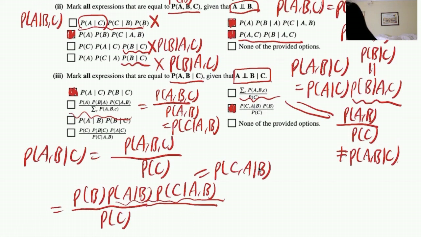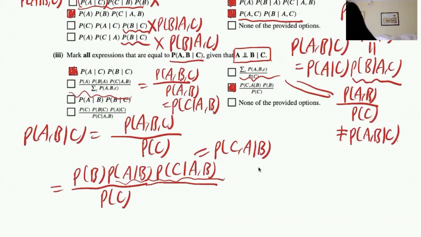So this is not equal to the probability of AB given C. So this is incorrect.